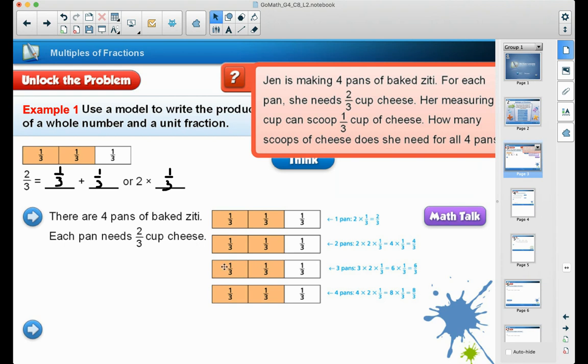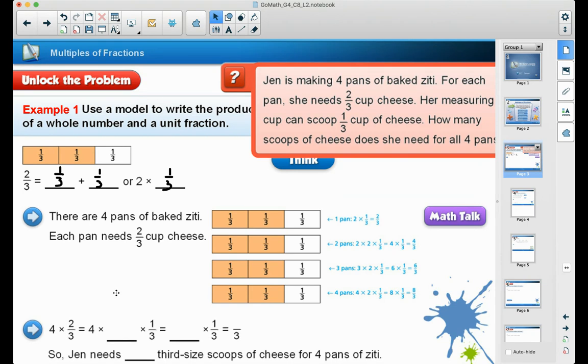Now for the third pan, we need another 1/3 and another 1/3. And for the fourth pan, 1/3 and 1/3. Okay, so what do we have here? For the 4 pans of cheese, we need 1, 2, 3, 4, 5, 6, 7, 8 1/3.